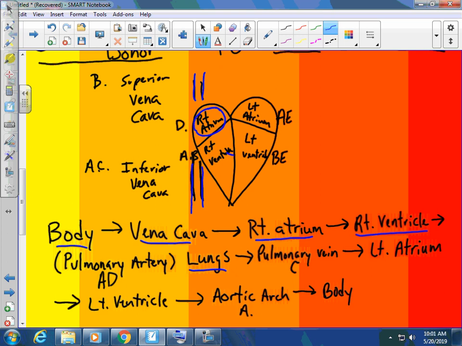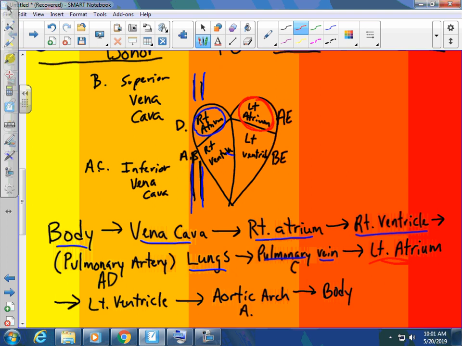Okay, so after we do the gas exchange at the lungs, the blood is going to come back to the heart, so it's going to be a vein. Again, still dealing with the lungs, so it's still pulmonary, pulmonary vein, which is letter C on your diagram. And this is going to come back now to the left atrium. And now we've got oxygen, all right?